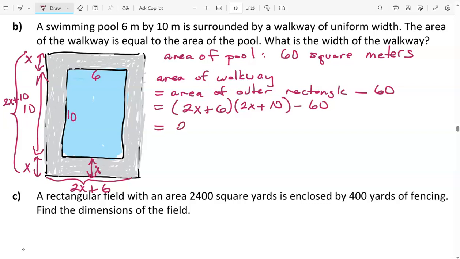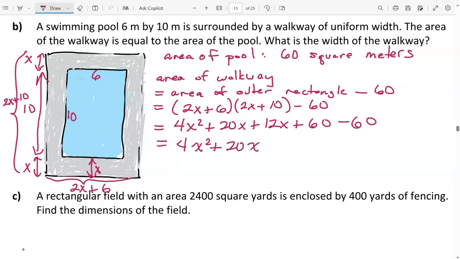And if we multiply that out, 2x times 2x is 4x squared. And the product of the outers is 20x, the product of the inners is 12 times x, and the product of the last is 60. If we subtract 60 off from that, then we'll get 4x squared plus 20x plus 12x.